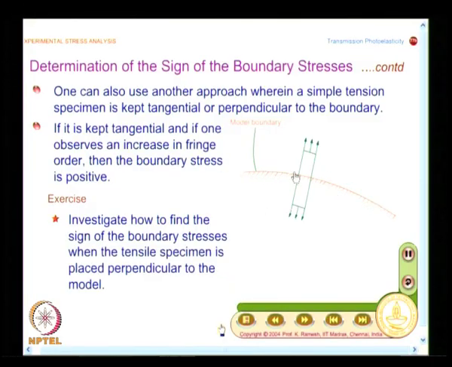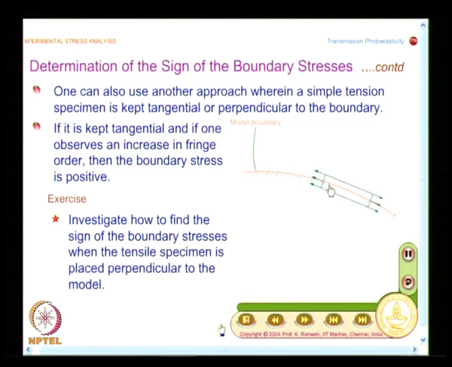And you have to understand, in all the retardation discussion which we have had, you have reference axes at the point of interest, and these reference axes coincide with the principal stress directions at the point of interest, and you add or subtract retardation only along those axes, and we are looking at a free surface. So, at any point on the free surface, the tangent to the boundary and the perpendicular direction to the boundary are the reference axes. So, you need to add or subtract retardation along those reference axes.